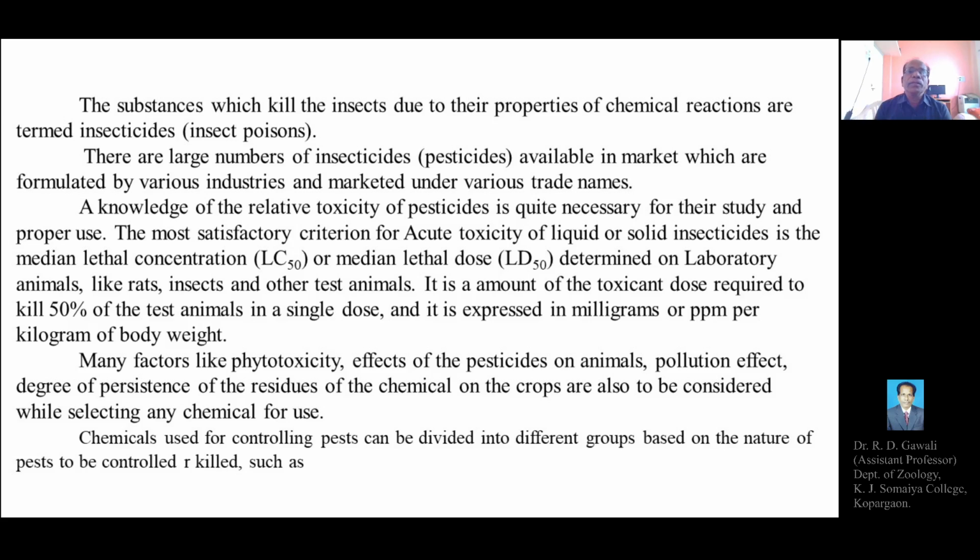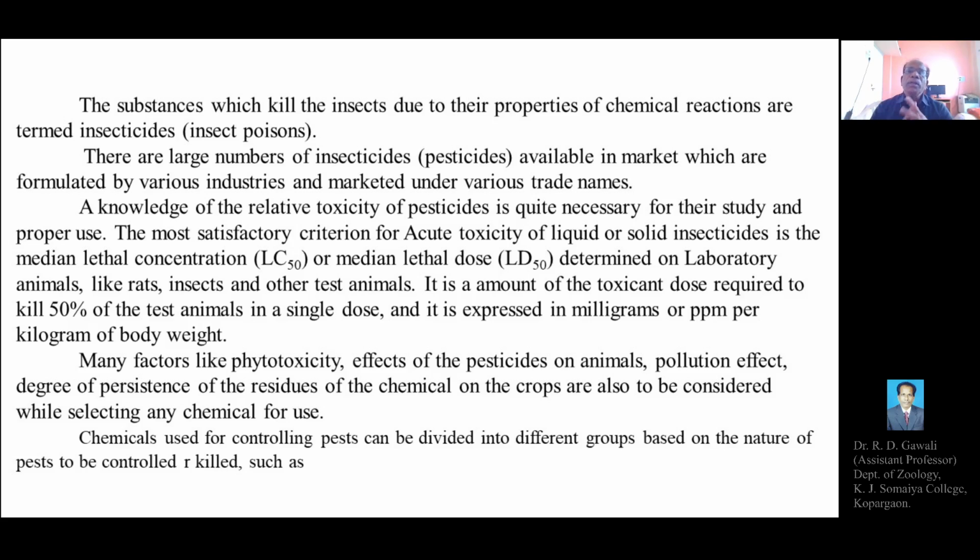So there is a large number of pesticides or insecticides available in the market which are formulated or manufactured by various industries and marketed under various trade names.